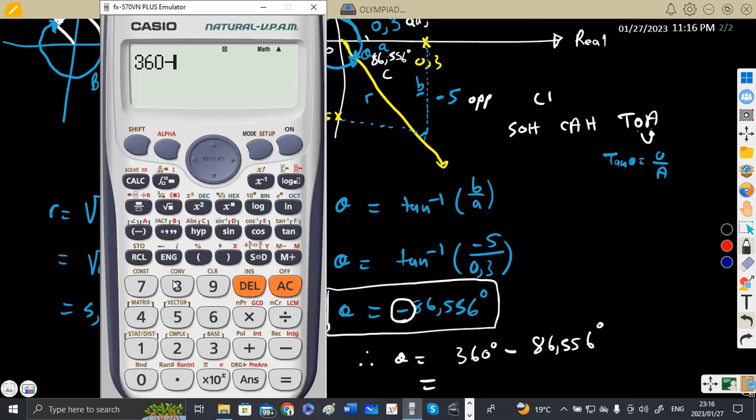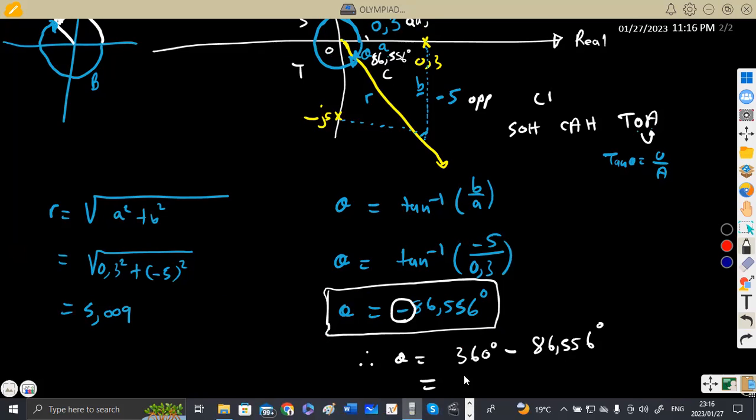So 360 minus 86.556, we are going to obtain 273.443. Because of the rounding, it's 273.444 degrees. So that's what you're going to have at the end. All right, so this is the theta, which is positive. Now, this one was a negative.